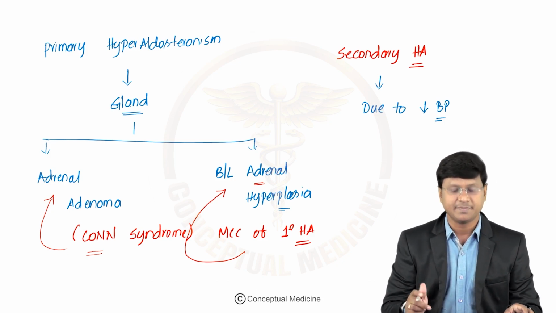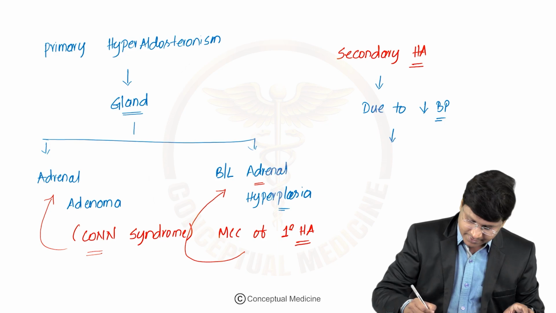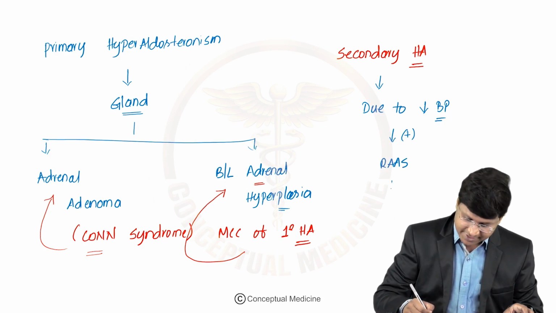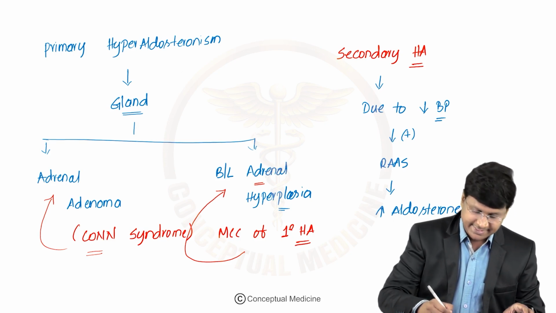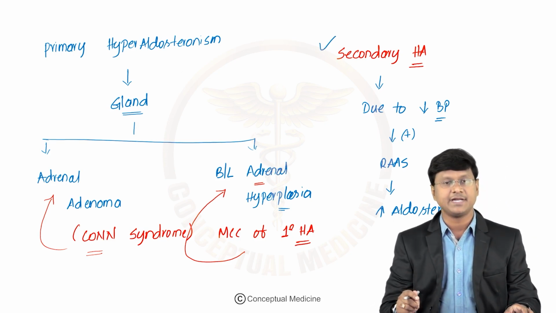Whenever there is decrease in blood pressure, there will be activation of the RAS mechanism. And once there is activation of the RAS mechanism, there will be excessive production of aldosterone. That is your secondary hyperaldosteronism.